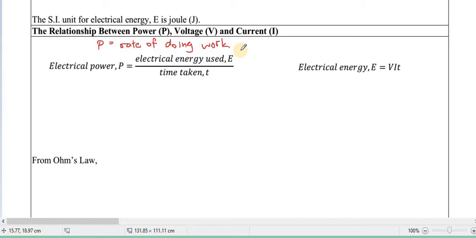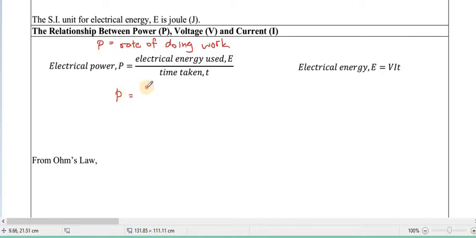If your power is big, then every 1 second you can do more work, which means every 1 second you use more energy. So if the electrical power of an electrical appliance is high, then every 1 second the appliance will use a lot of energy. So electrical power is electrical energy used over time taken.